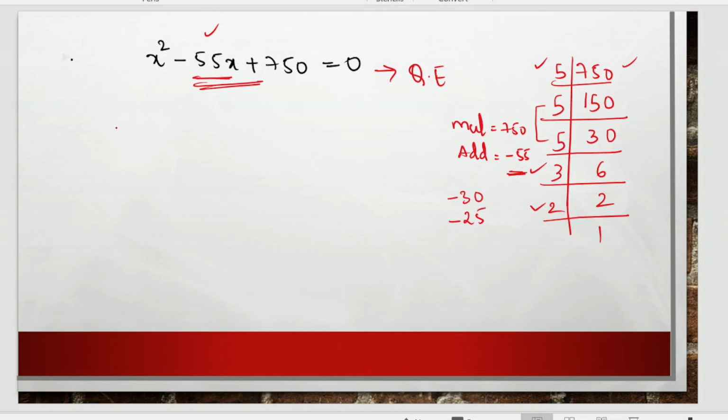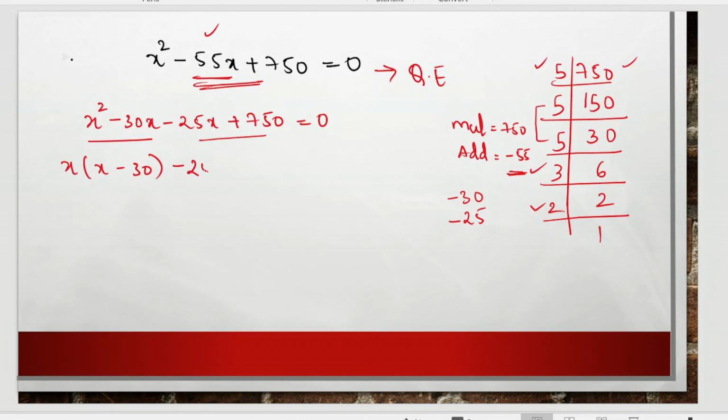So let us split the middle term: x square minus 30x minus 25x plus 750 is equal to 0. From the first two terms, if I take x common, you will get x minus 30. From the next two terms, if I take minus 25 common, you get x minus 30 is equal to 0.